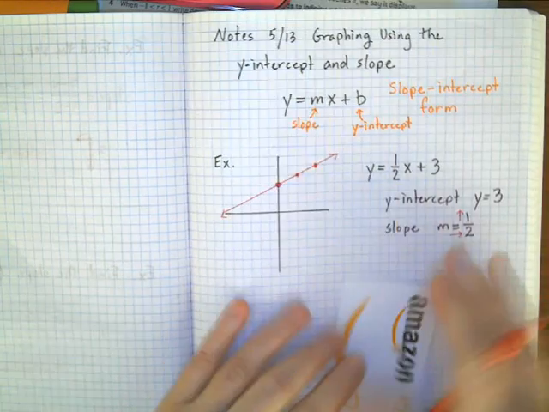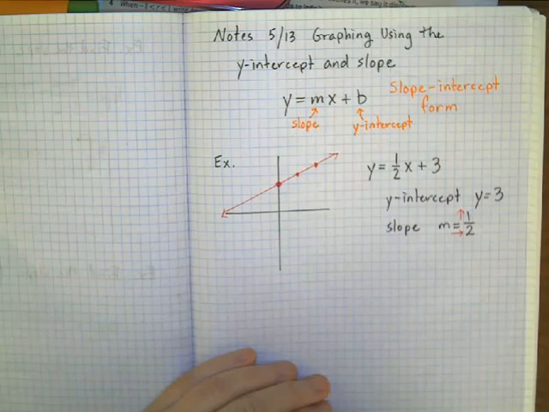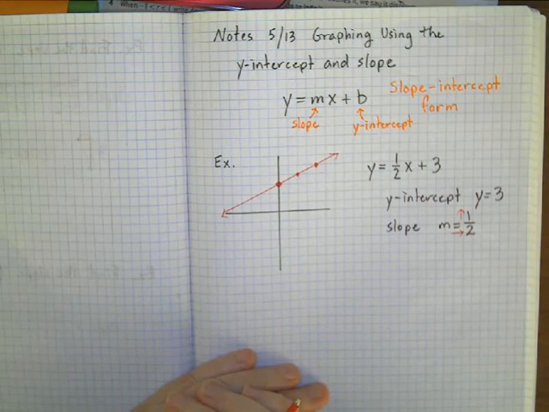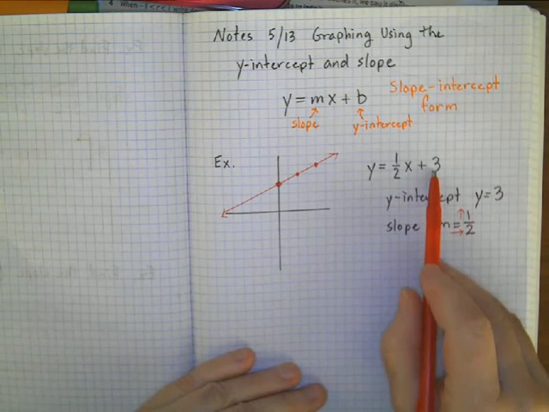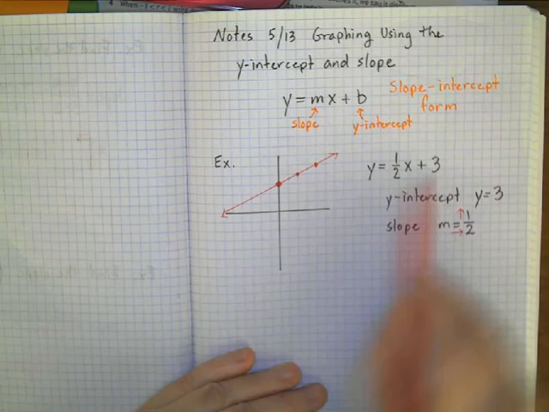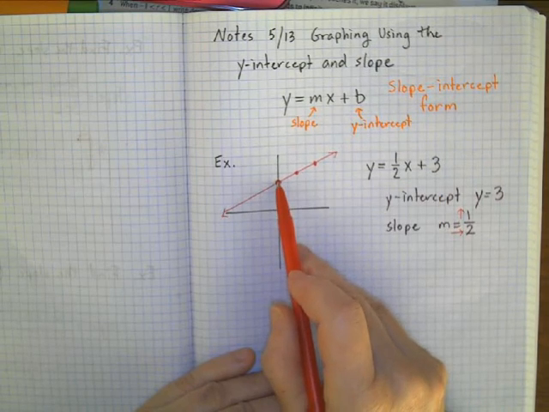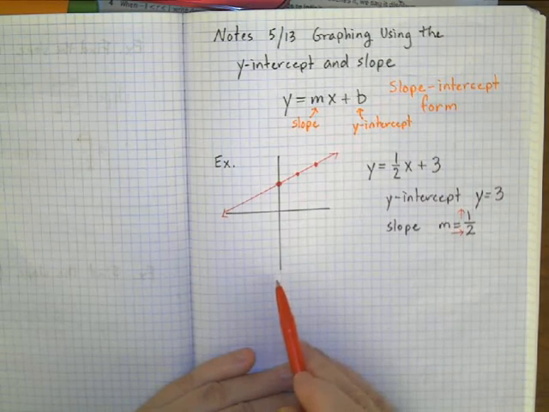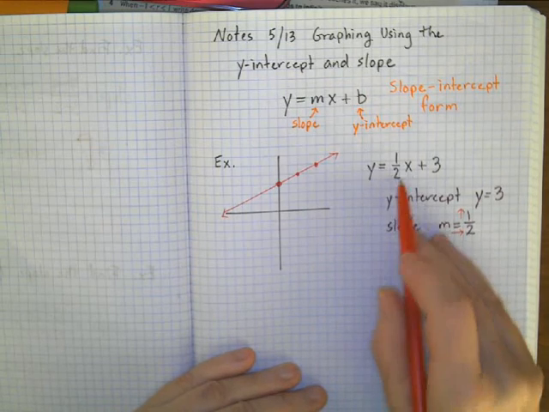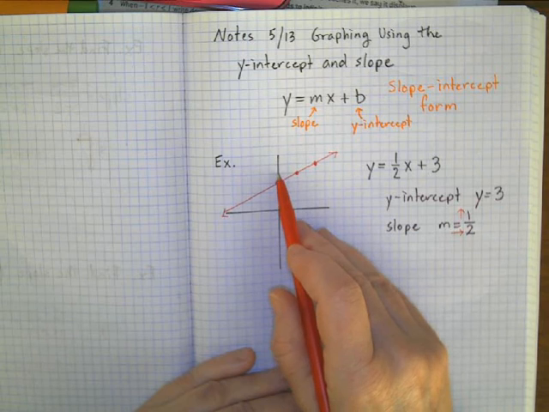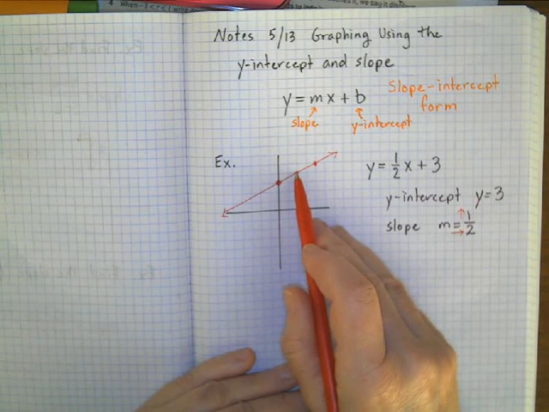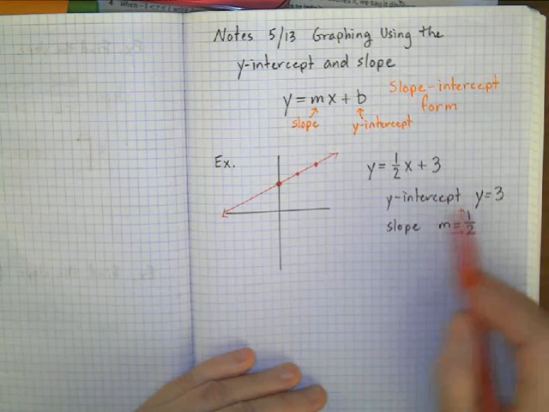This is how mathematicians graph a line. They don't usually make a table. Instead, they look for the y-intercept, put that on the y-axis, and then use the slope to find more points. See how the slope is up 1 over 2, up 1 over 2, using the slope.